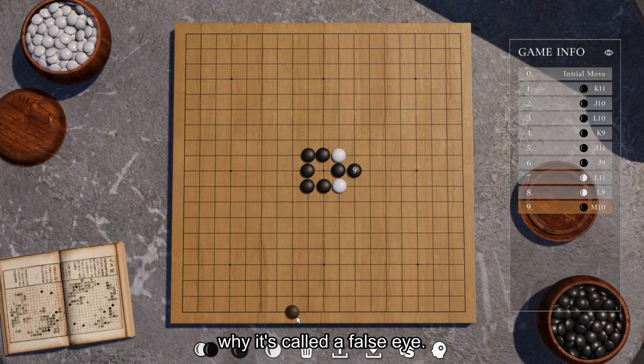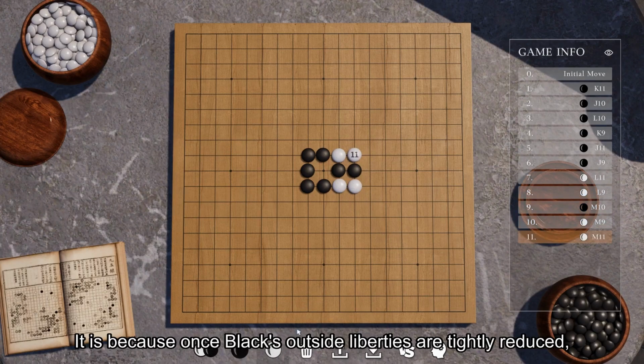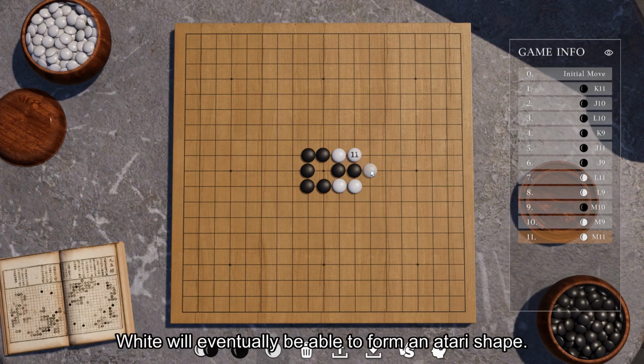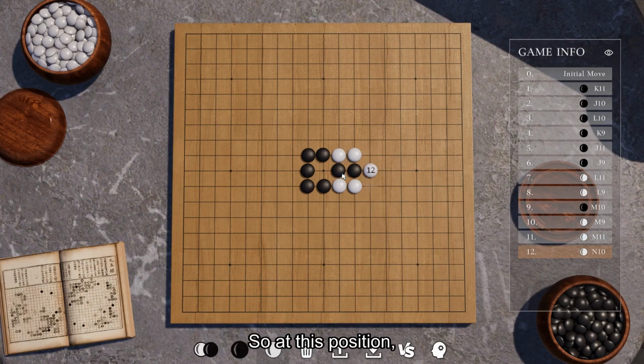Let's talk about why it is called a false eye. It is because once black's outside liberties are tightly reduced, white will eventually be able to form an Atari shape. So at this position, black will be forced to connect. So the eye space at this position will disappear.